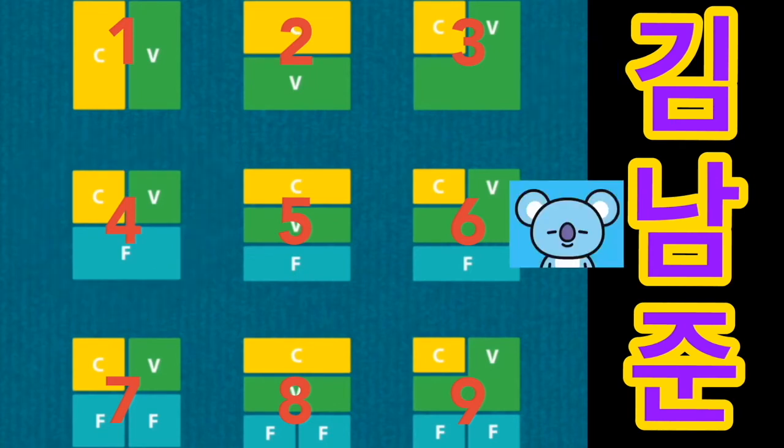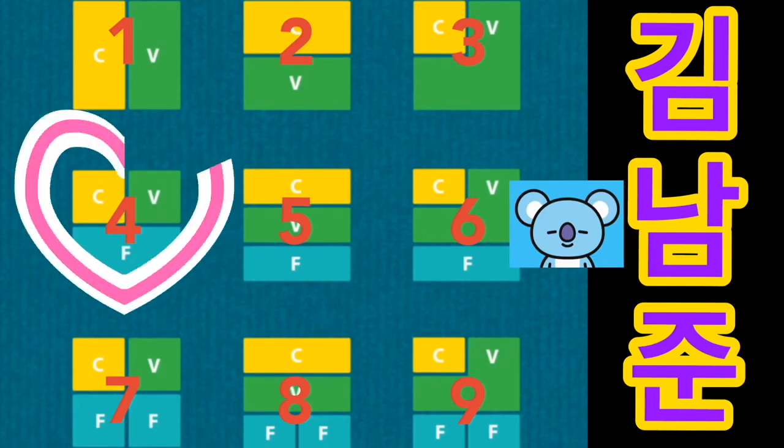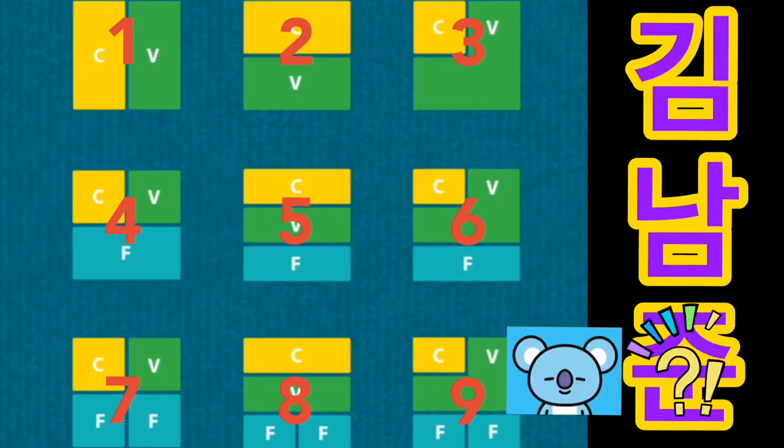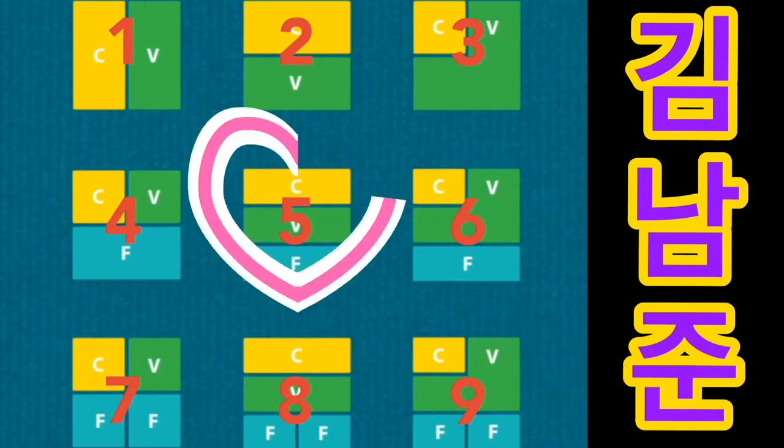The next syllable, the 3 letters are arranged in the same pattern as the first syllable, so we'll use pattern number 4 again. Can you guess which pattern we'll use for the third syllable? It'll be pattern number 5.